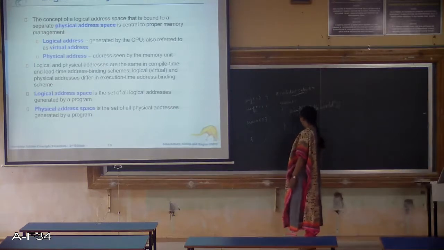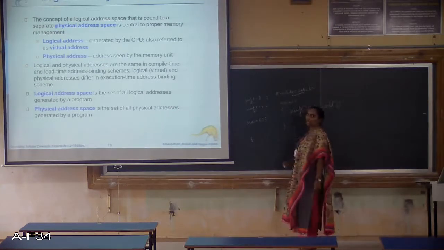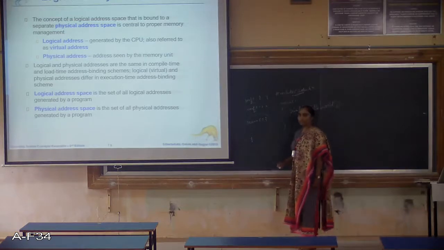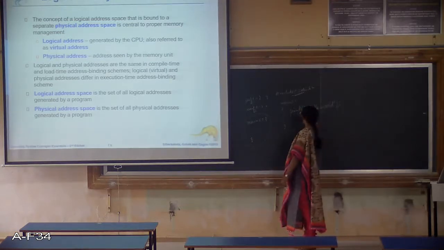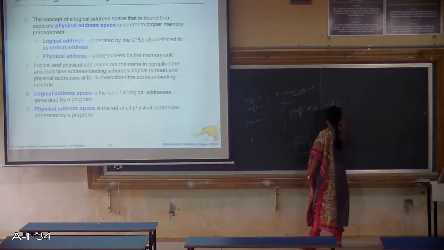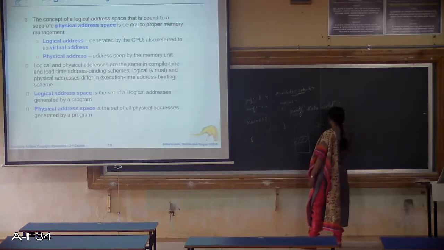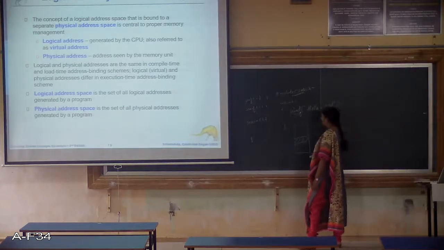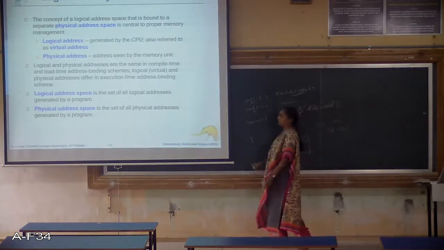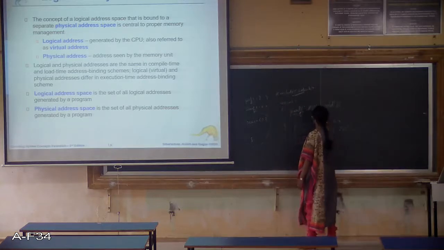In address binding schemes, logical or virtual address and physical address differ in execution. Why? Because during execution the program is in your RAM, and RAM will have a different memory location compared to your logical address. Logical addresses are always something like 32, 64.